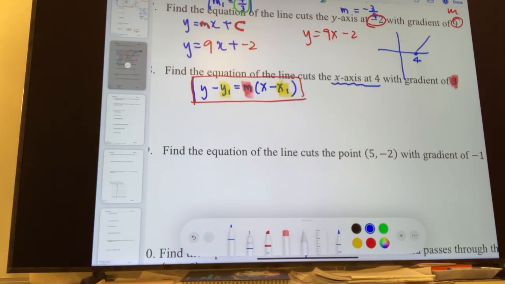What is the coordinate for this point? 4, 0. Yes, cut the x-axis at 4, it means 4, 0. That means this is your x1, this is your y1. Now you have to substitute all of them into the equation.